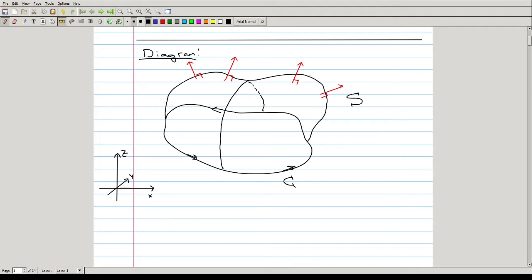Furthermore, assume that the surface is immersed in some vector field F. This is in general now a general vector field. So F has components P of x, y, and z, Q of x, y, and z, and R of x, y, and z.